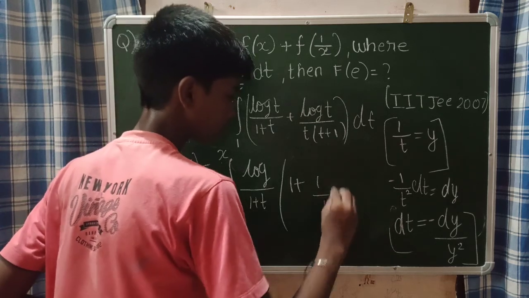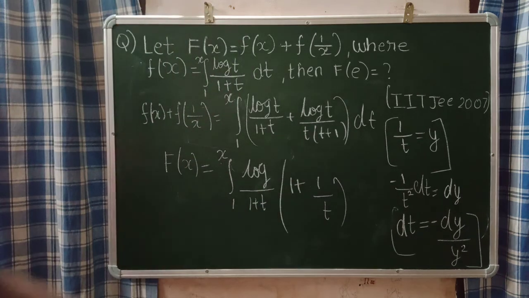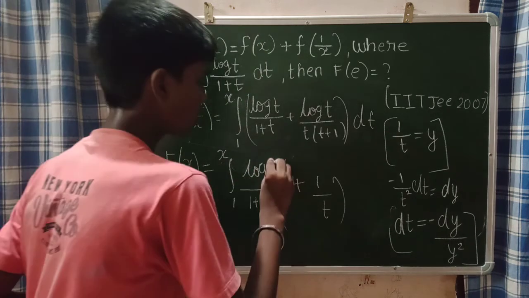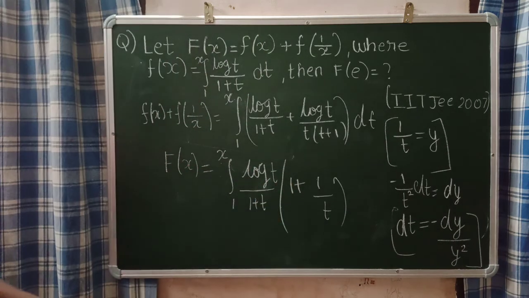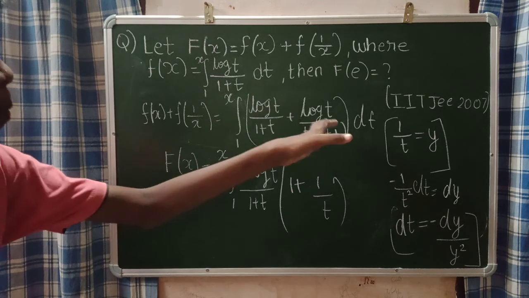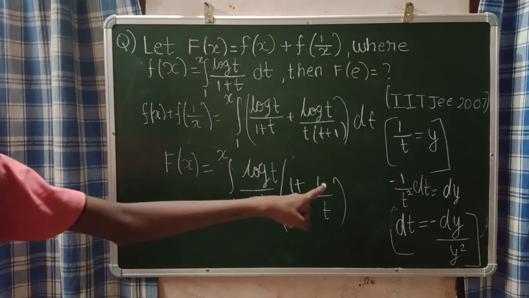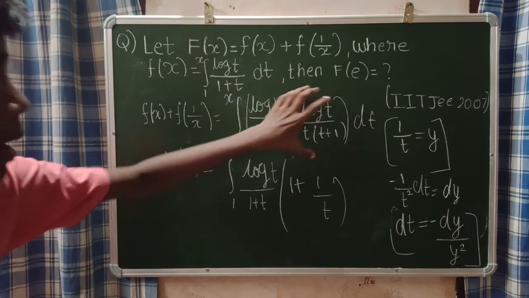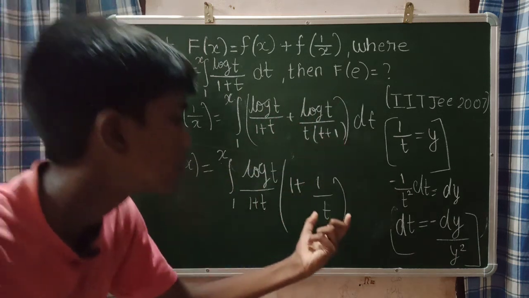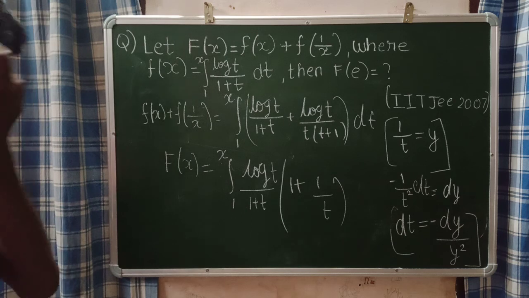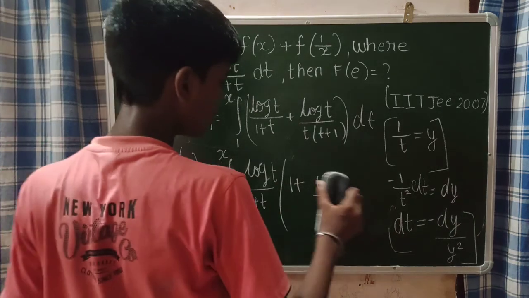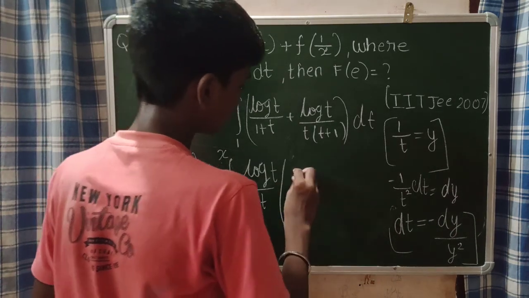This is what you will be left with, right? Because for this particular term, your t is left in the denominator. Now 1 plus 1 by t is nothing but t plus 1 divided by t.